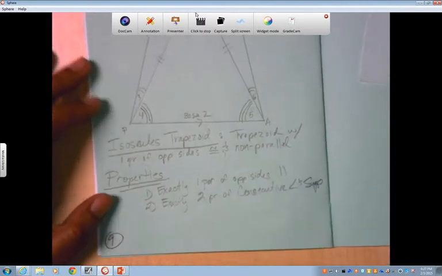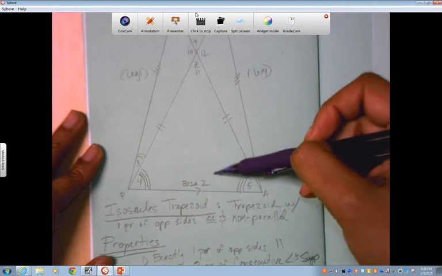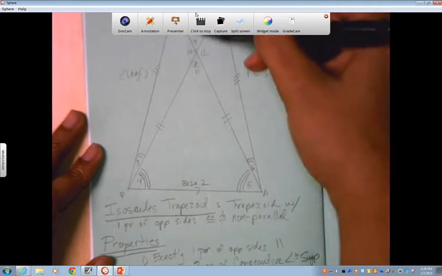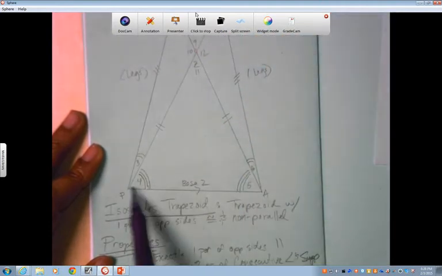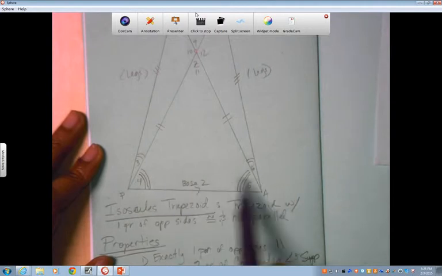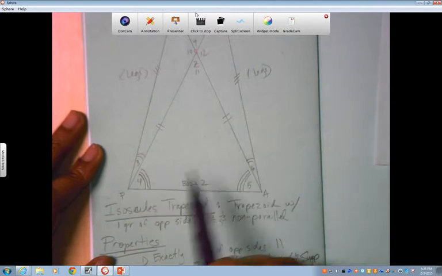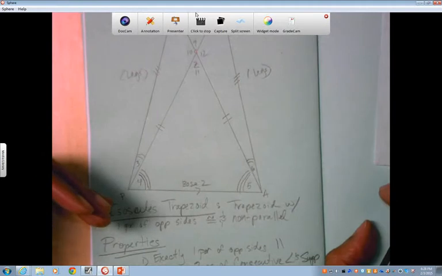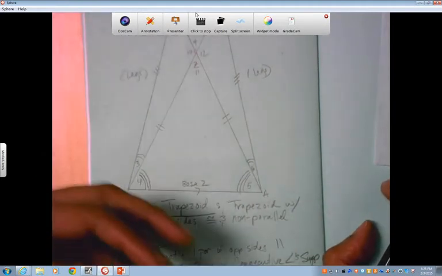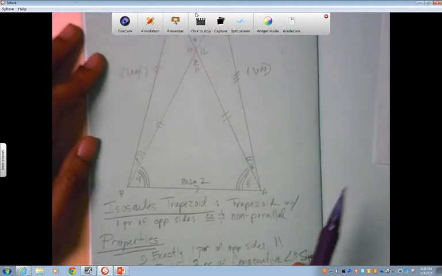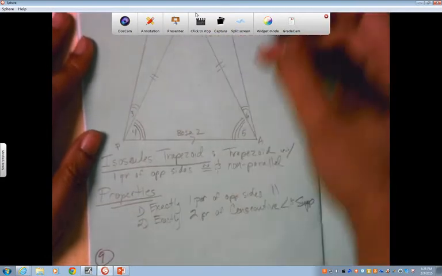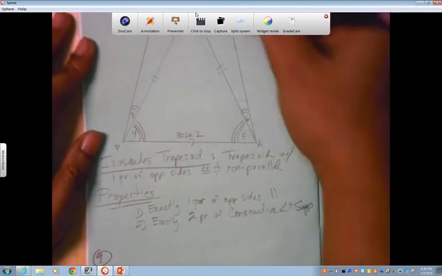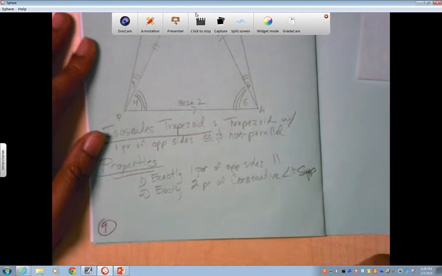Meaning only the top and the bottom are going to be supplementary. If I go across, they're not going to be supplementary. They're going to end up being congruent in an isosceles trapezoid. But in a regular trapezoid, they're not going to be congruent. So only two pairs. Instead of all pairs, we're just going to go from top to bottom, so the right side and the left side are your consecutive pairs that are supplementary.